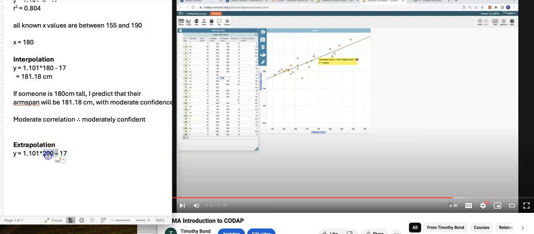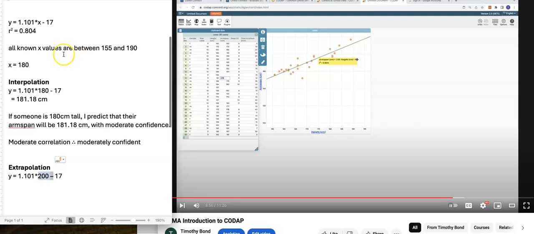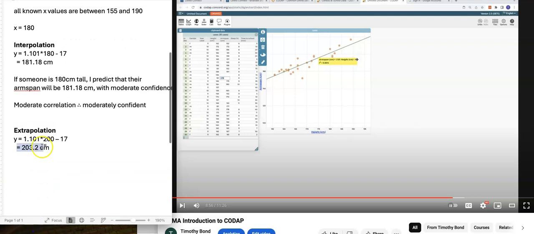I just substitute in 200 for x and evaluate: 1.101 times 200 minus 17. That means if someone is 200 centimeters tall, I predict that their arm span will be 203.2 centimeters.